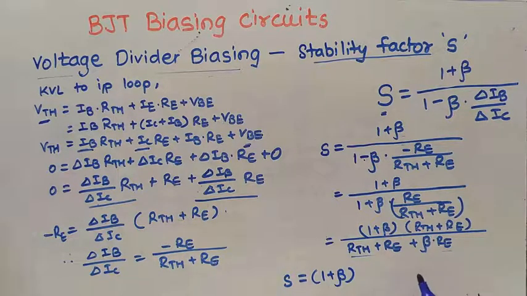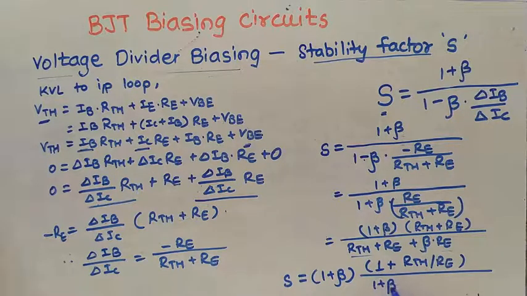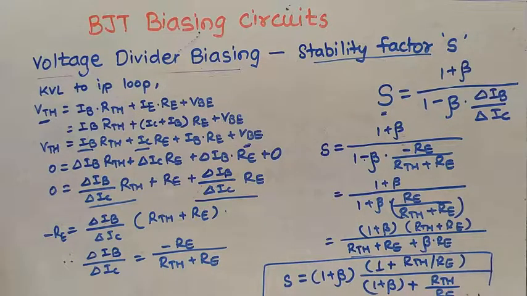Now divide the whole equation by RE. At the numerator you will have 1 plus RTH upon RE, divided by 1 plus beta plus RTH upon RE. This is the expression for the stability factor of the voltage divider biasing network.